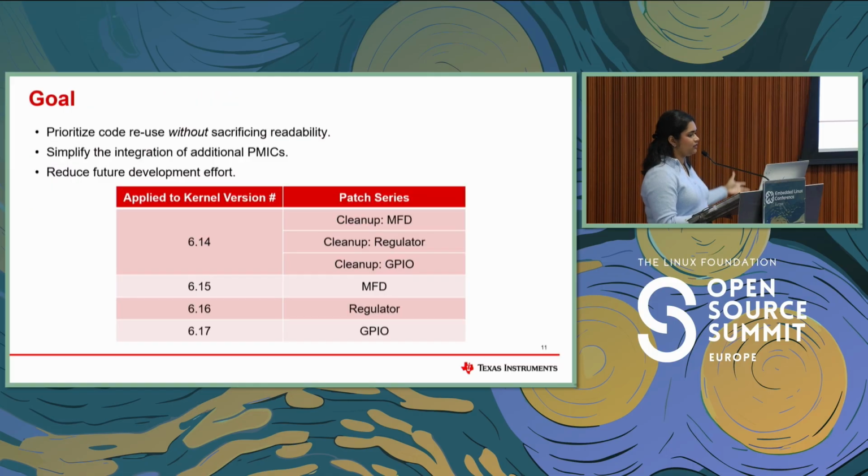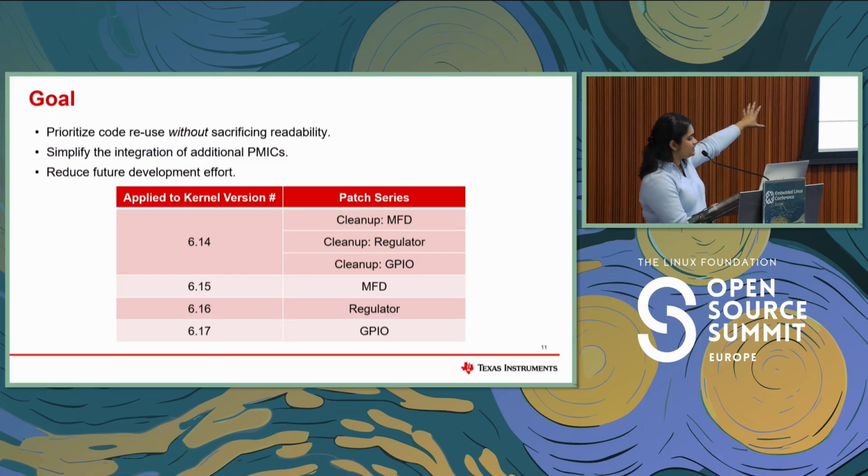Now, the goal of this project was to prioritize code reuse without sacrificing user and developer readability. I really wanted to focus on simplifying the integration of additional PMICs to come, not only for these 2 PMICs, but just planning for future PMICs: how do I make future me's life easier, or the next PMIC developer's.